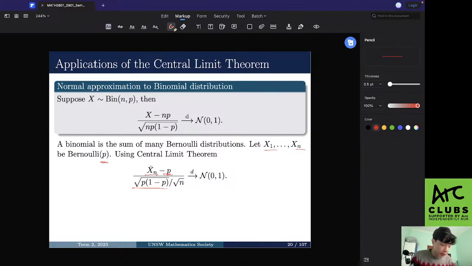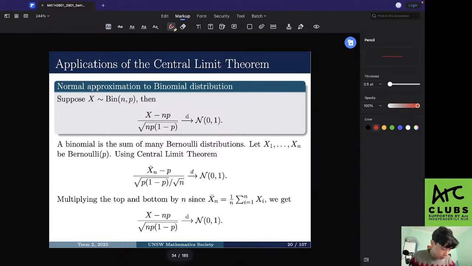Now, what we realize is we have the mean, which is equivalent to 1 on n with a sum of xi. What we know is that this sum is actually just x, which is the binomial distribution, right?